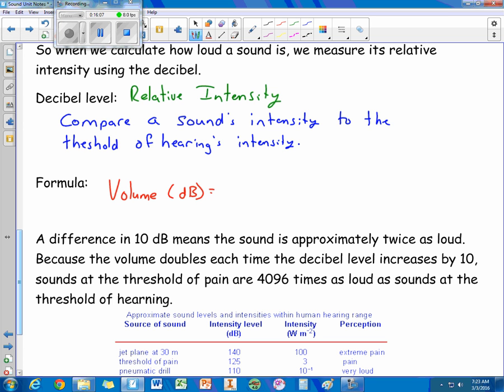That equals the number 10 times log of that sound's intensity divided by 1.0 times 10 to the negative 12th watts per square meter. And that is how we calculate decibel levels. And you can get a decibel meter for your phone. I've got one on mine. They're all cheap, and most of them are free, in fact.